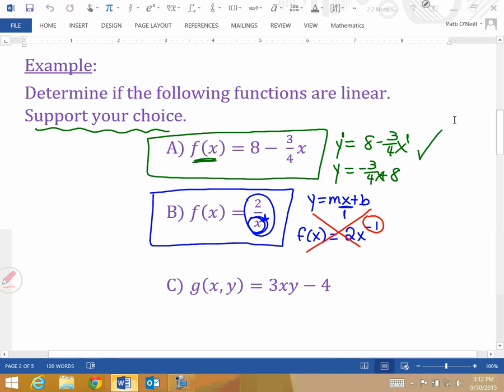It's a different type of function. It's called a rational function, and we'll study that a little bit later in your years of math, really in pre-calculus. The last one, g of x, y is equal to 3xy minus 4. Now looking at this, one thing is really strange to begin with. We've got this kind of coordinate pair on the left-hand side with our function notation.